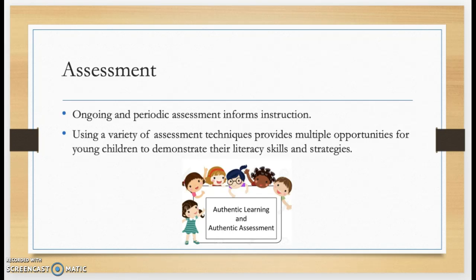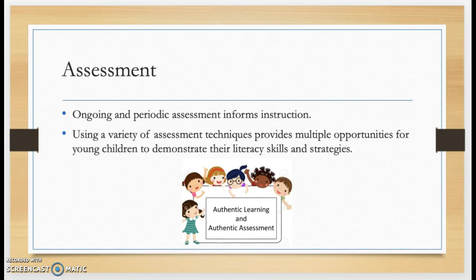We also want to think about assessment. How are we going to assess our students and find out where they are with regards to the various components of literacy development? We want to have ongoing and periodic assessment that informs our instruction.